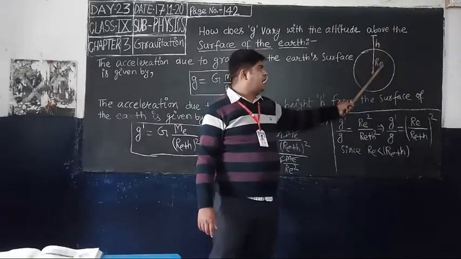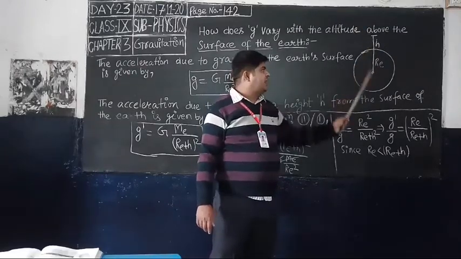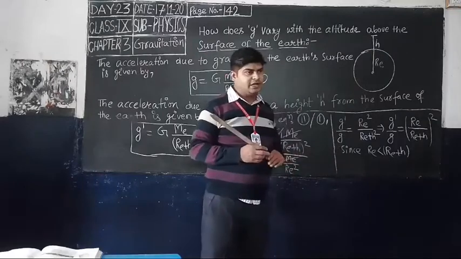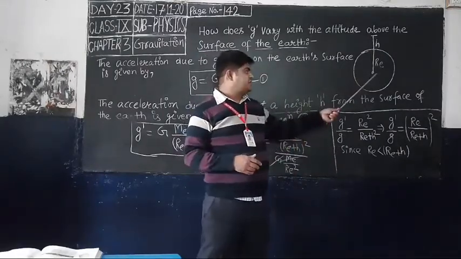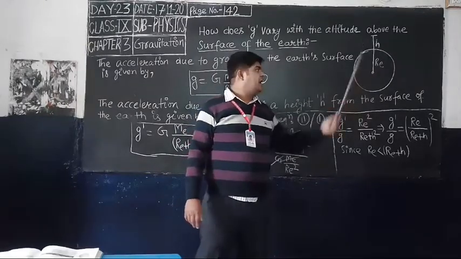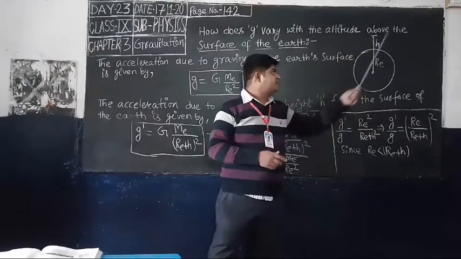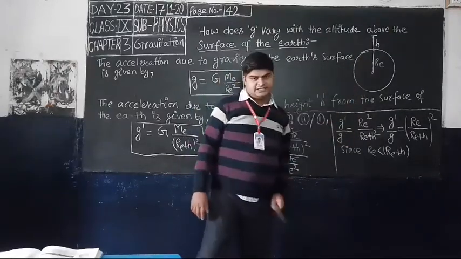So Re plus h is the distance between the object and the earth. I have already told you that when you compare the earth and another object, you take the distance from the center of the earth, that means the radius of the earth and the distance above the surface of the earth. So the total distance here is Re plus h.